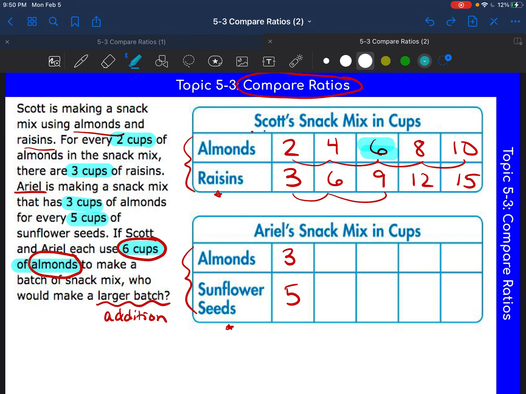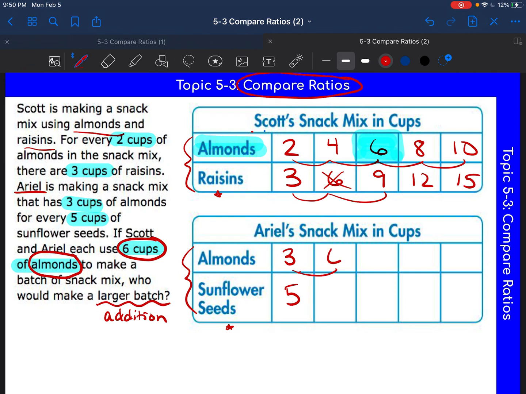Well, we are going to use that 6 here because the question is asking for almonds. So when you are comparing ratios, guys, you want to make sure you're comparing in the correct category. Since this 6 goes with almonds, I'm going to use that 6 and not that 6. So let's complete the other one so we can actually officially compare.